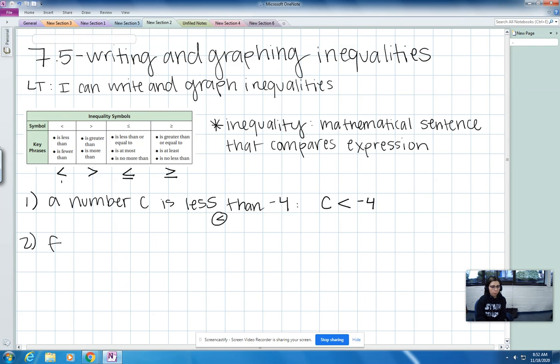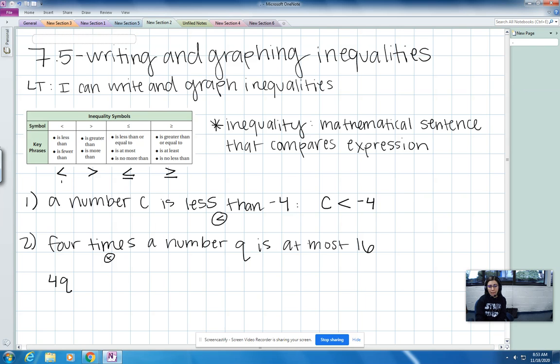Example 2, 4 times a number Q is at most 16. So we see 4 times a number Q. Remember, times means multiplication. So 4 times Q, or just 4Q.